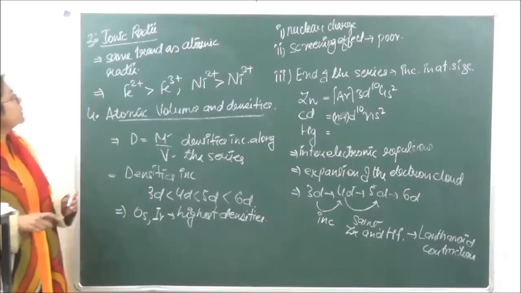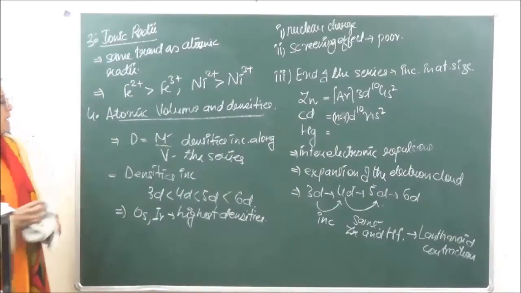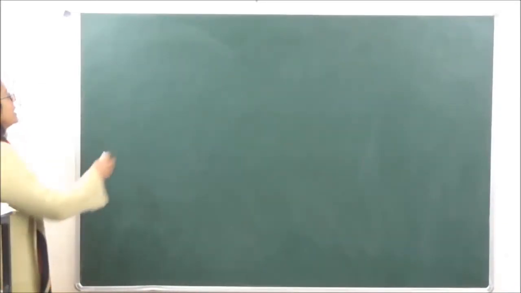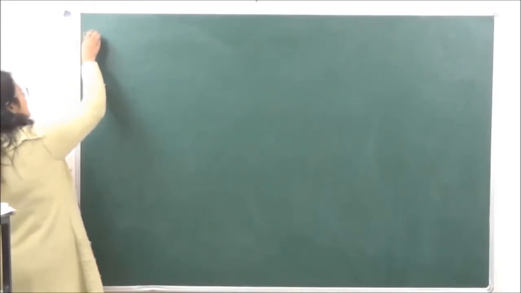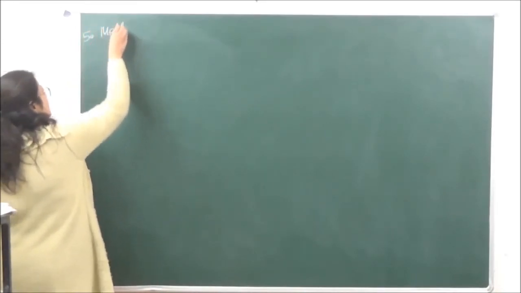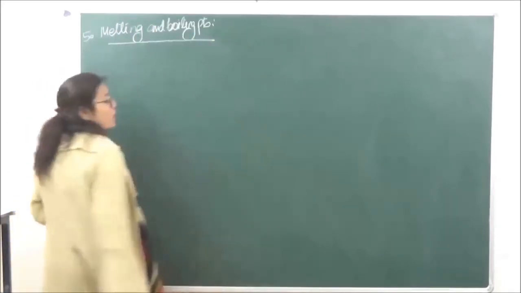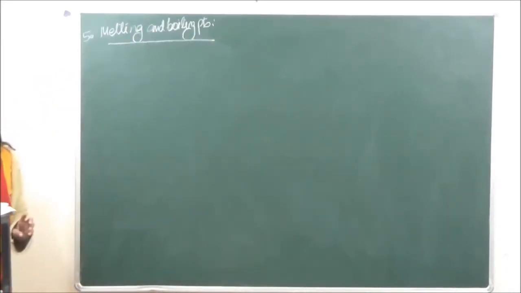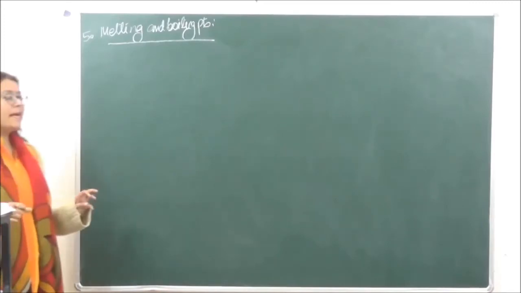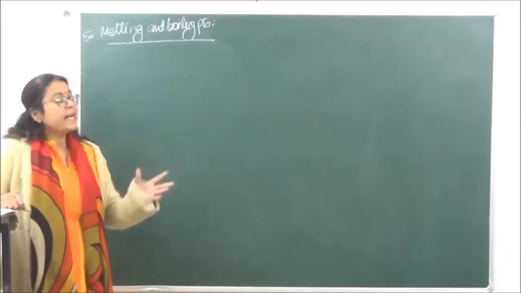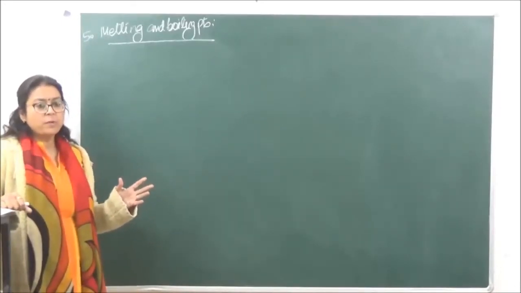Okay? The next property which we are going to discuss is melting and boiling points. The next one which we are going to discuss, that is the fifth property, melting and boiling points. Now when we are talking of melting and boiling points, they depend upon the interatomic forces of attraction which are going to be present.